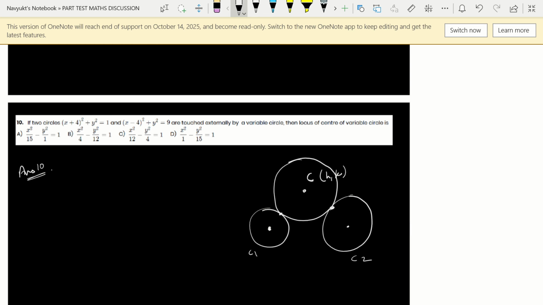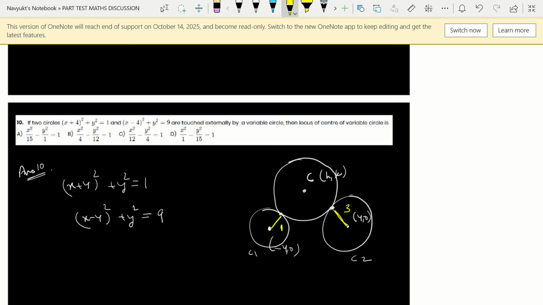So what we would be doing, we'll first of all find the centers. The C1 circle has the equation x plus 4 whole square, so the center here is minus 4 comma 0. Whereas the other equation has center 4 comma 0. This radius is 1, and this radius is 3 because this is 9.